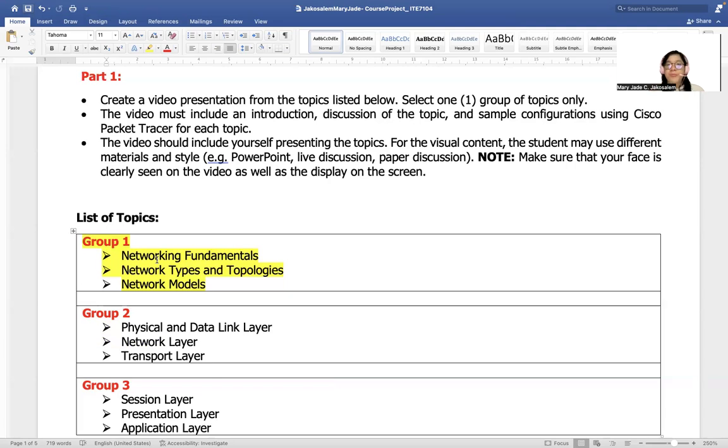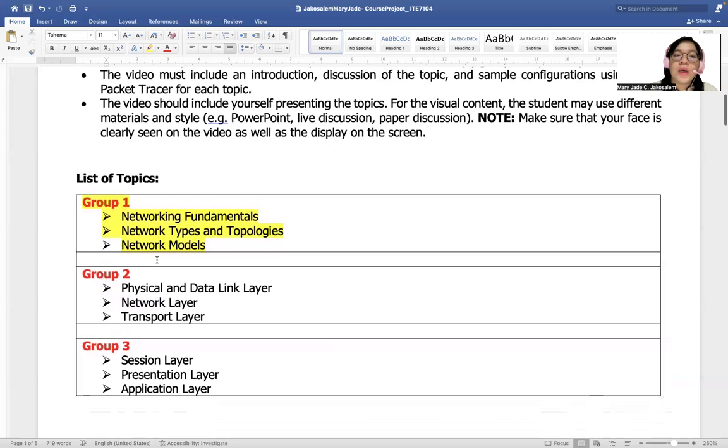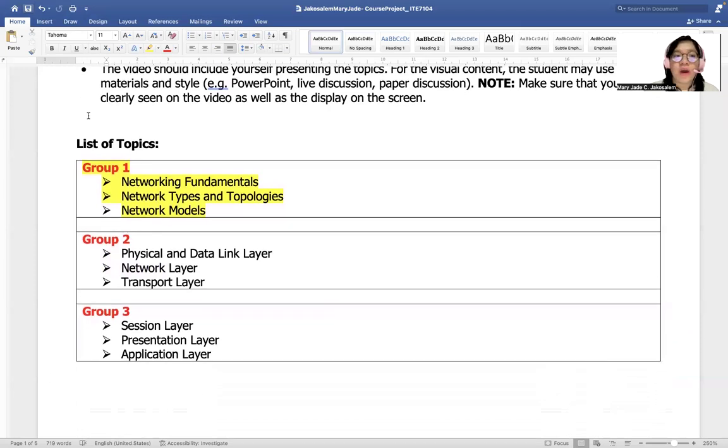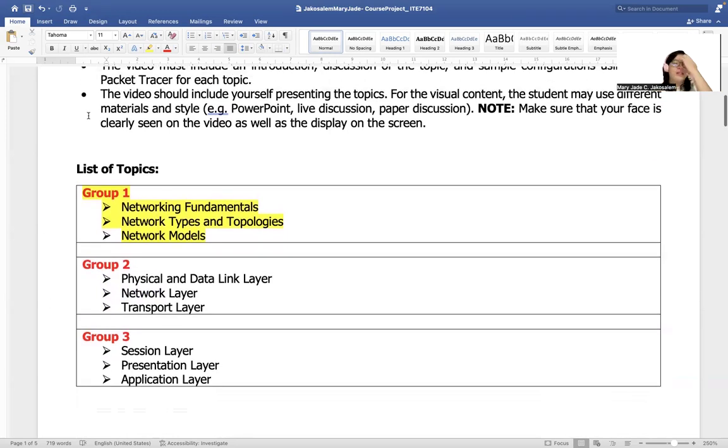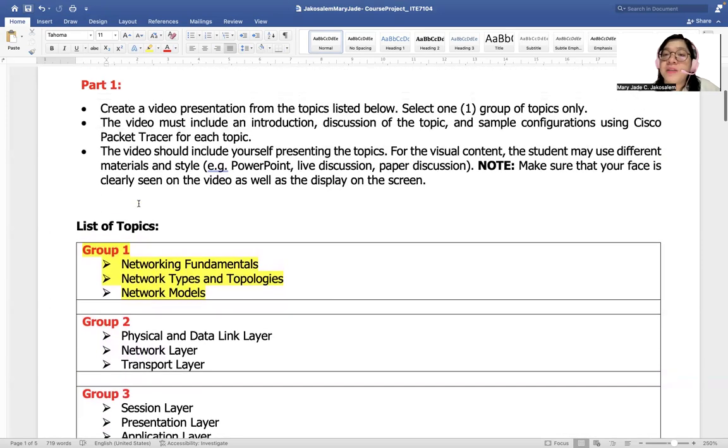So for my course project, I actually decided to choose group 1. The topics include networking fundamentals, network types and topologies, and network models. So actually for this group of topics, there's only one sample configuration using the Cisco Packet Tracer, and that is for the different network types and topologies, which I will discuss later in the video.